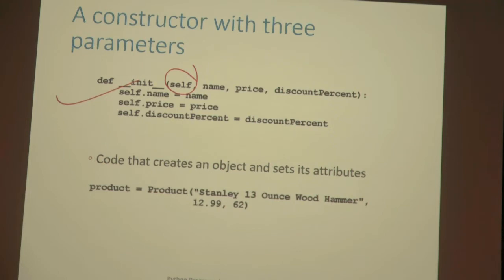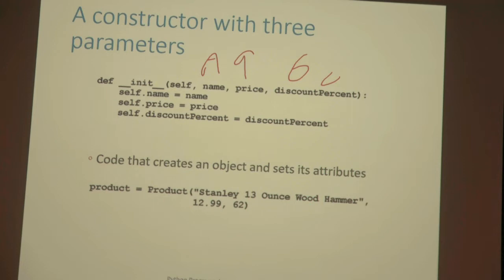And then you have the three parameters in here. Then again, any parameter you access within the class always starts with self. self.name, self.price, self.whatever. So when you call the constructor, the name was A, for example, the price was 9, and the discount rate was 60.